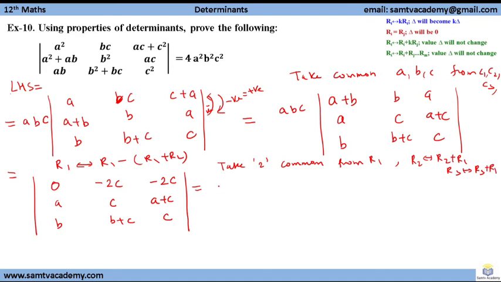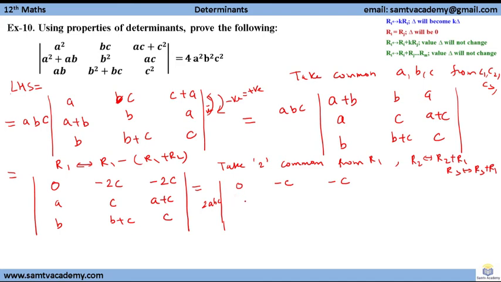Now, having taken 2 common, we are left with row 1 as it is: 0, minus C, minus C. Now you are replacing R2 with R2 plus R1.